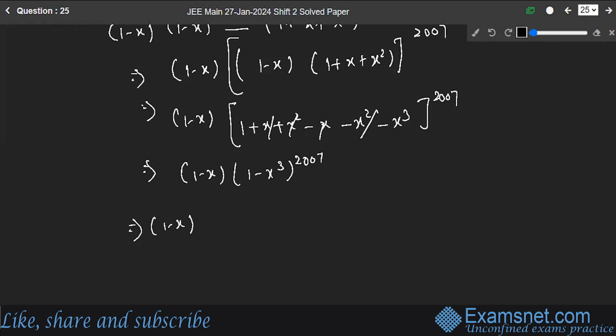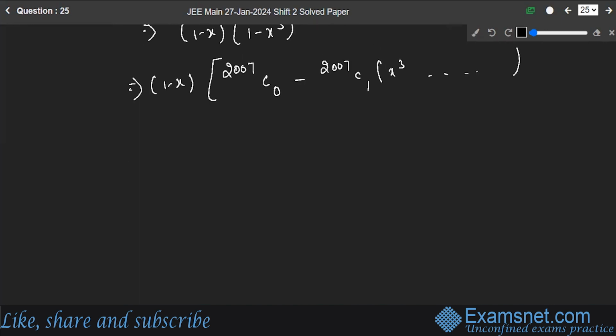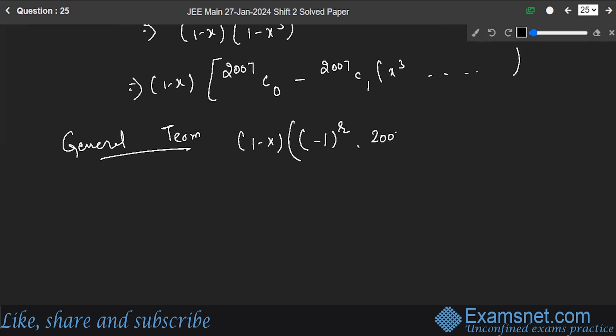That'll be 1 minus x into 2007 C0 minus 2007 C1 into x cube, and so on. So here the general term will be given by 1 minus x into minus 1 raised to power r into 2007 Cr x raised to 3r.